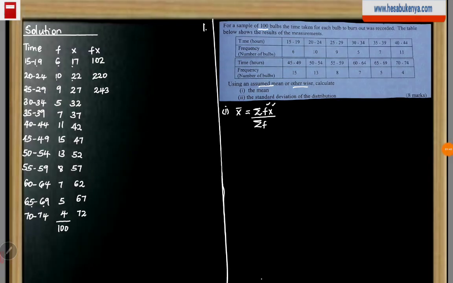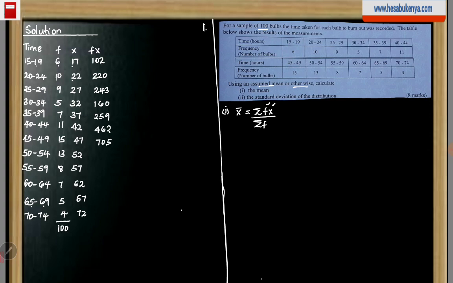Then 5 times 32 is 160. 7 times 37 is 259. Then 11 times 42 is 462. 15 times 47 is 705.